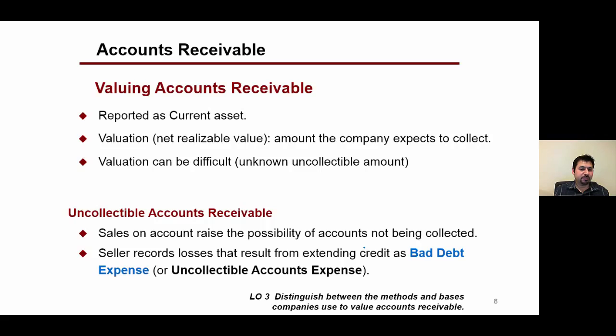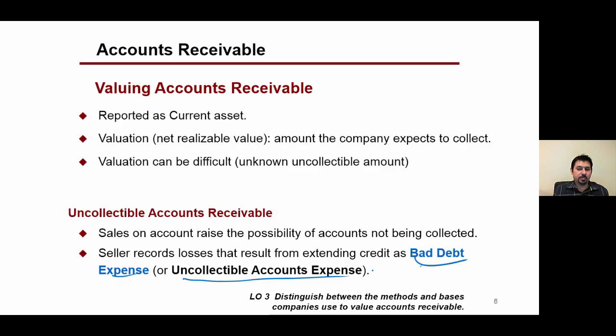The net realizable value is the amount that the company actually expects to collect. It may not be exactly the amount that they would collect, but this is the amount that the company expects to collect based on previous history. And usually the amounts that are not collected are called bad debt expense, and sometimes uncollectible accounts expense.